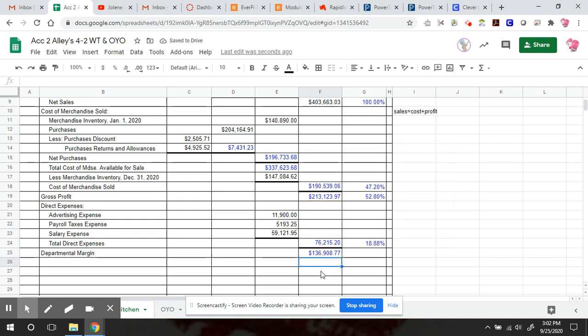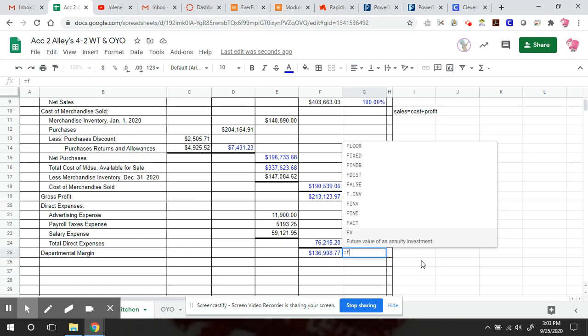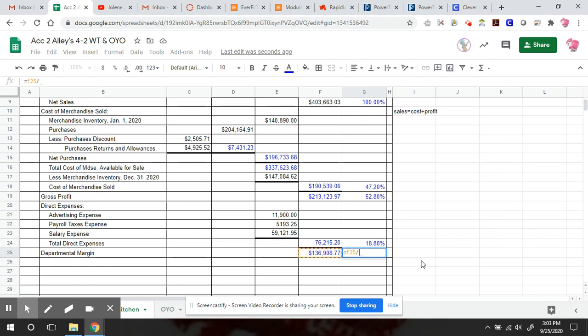So for just the kitchen department, they are contributing to the overall profit and to everybody's expenses for the whole store $136,908.77. Now we have to figure out what percentage of their sales they're giving back to the rest of the store. All right, so equals F25 divided by F9.